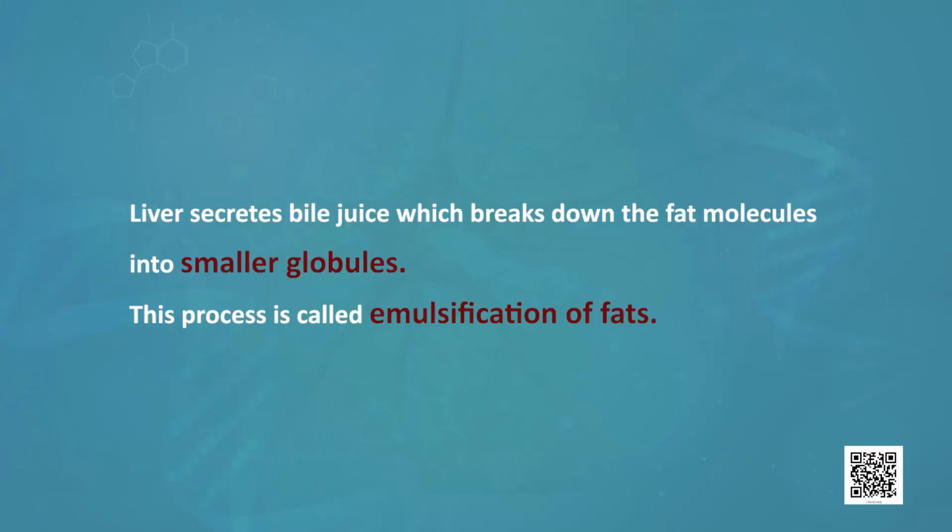Liver secretes bile juice, which breaks down the fat molecules into smaller globules. This process is called emulsification of fats. Bile juice is stored in the gallbladder. The food coming from the stomach is acidic and has to be made alkaline for the pancreatic enzymes to act.